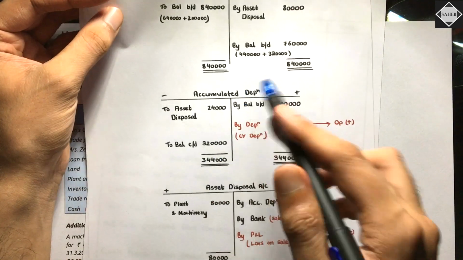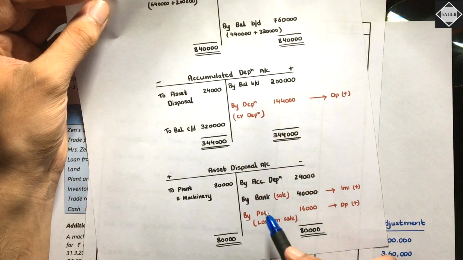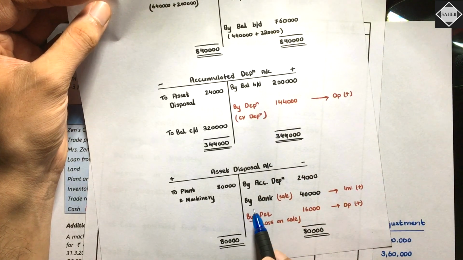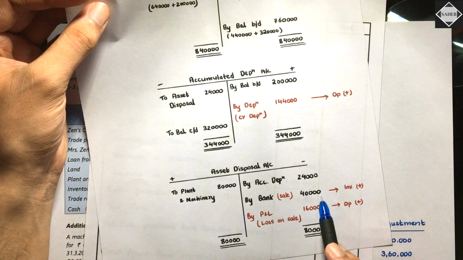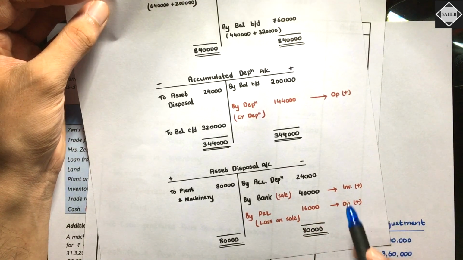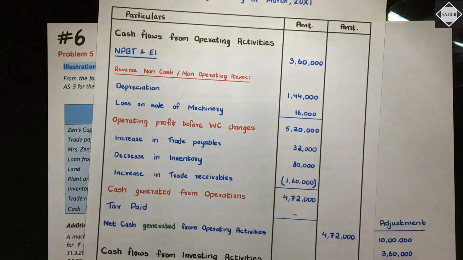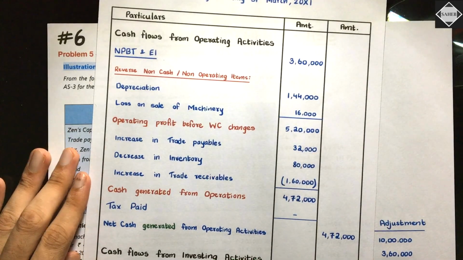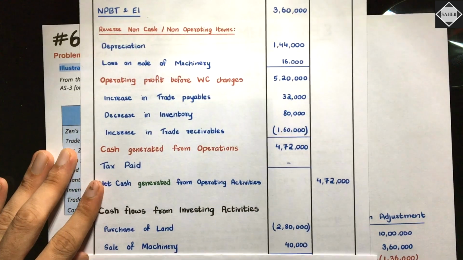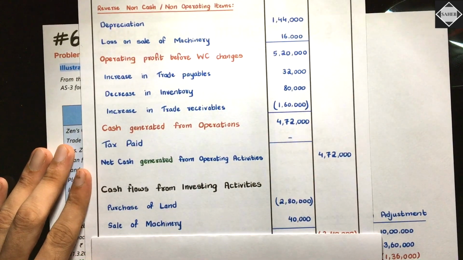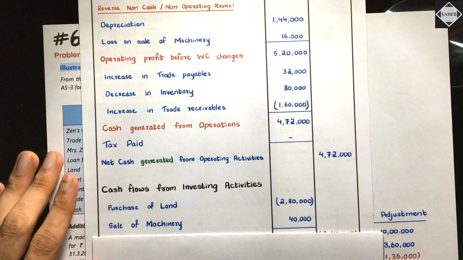You just have to look for bank account over here. Wherever you find bank account, that means there is an effect on cash flow statement. Okay, fine. So by bank is there 40,000 money we have got by selling the machinery. So that we have to add in investing activity, isn't it? Yes. So see here, sale of machinery plus 40,000. Is it clear? Simple. And then after this, do we have anything else?